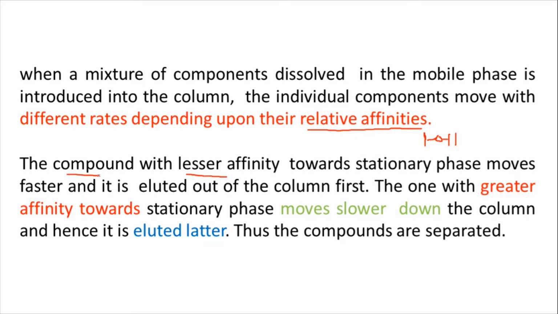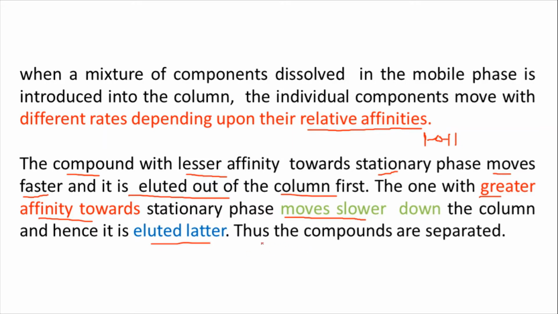The components, meaning the sample components or solutes we are going to separate, which have lesser affinity towards the stationary phase, move very fast and elute faster, coming out of the column first. Those with greater affinity towards the stationary phase move much slower and are eluted very late.